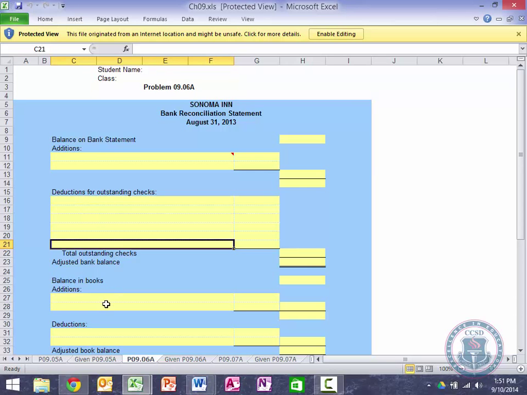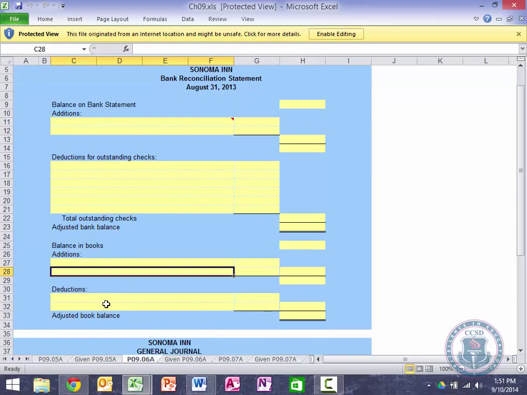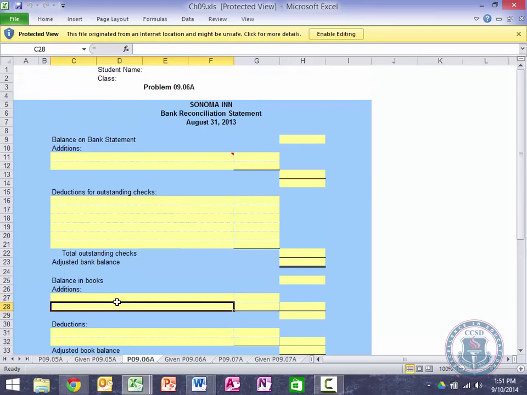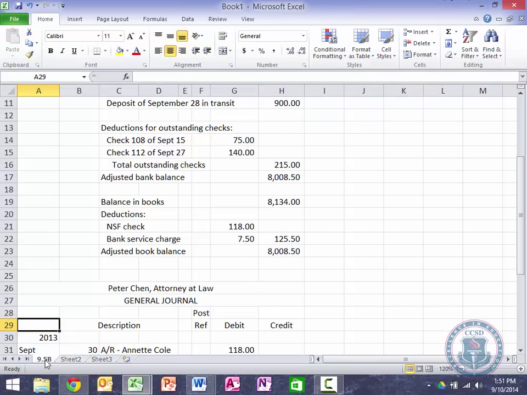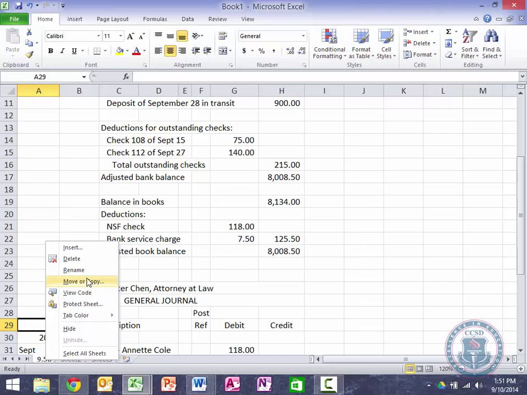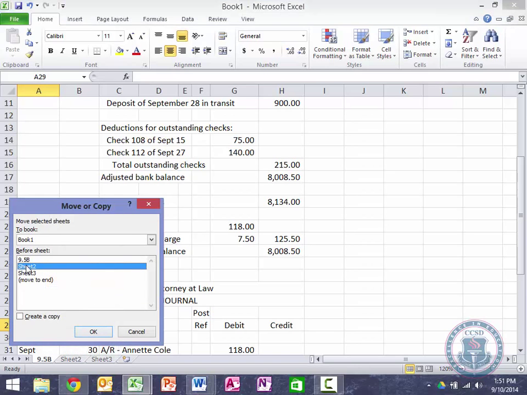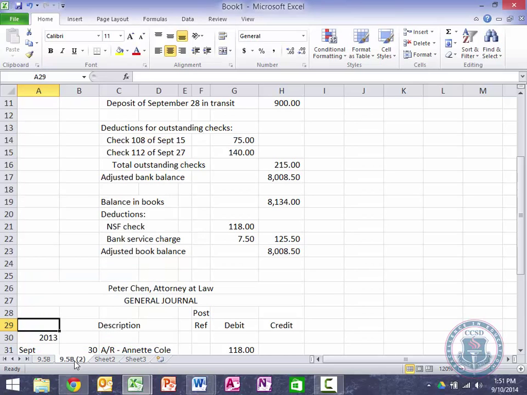Then we have the balance in the books, and this time we have additions and deductions in our book balance. So it's essentially the exact same thing we just did. So I'm going to copy that page, right mouse click, move or copy, create a copy right in front of sheet 2, and call this one 9.6.